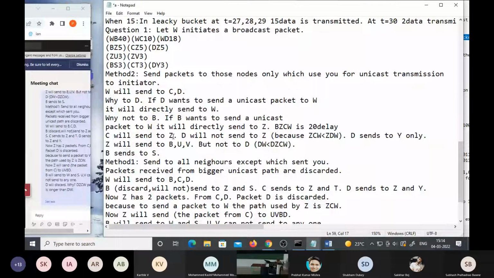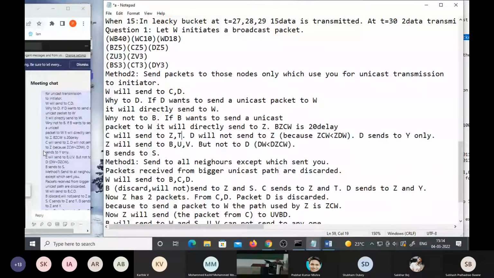Yes, correct. Someone corrected it. Who was it? Goel. Yes.